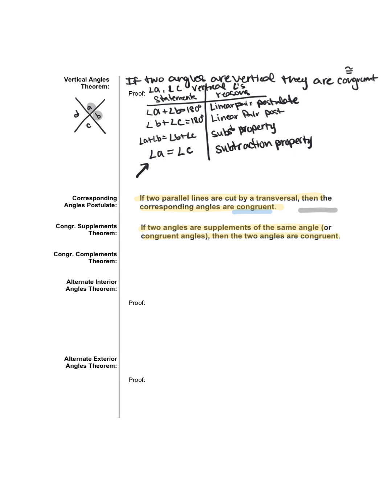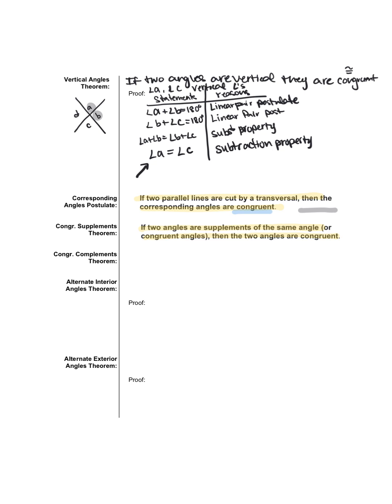These two angles are supplements to each other, right? And angle 3 is also a supplement to angle 1 because these two angles, number 2 and 3, are both supplements to 1. They have to be congruent to each other. That's the only thing it's telling us.